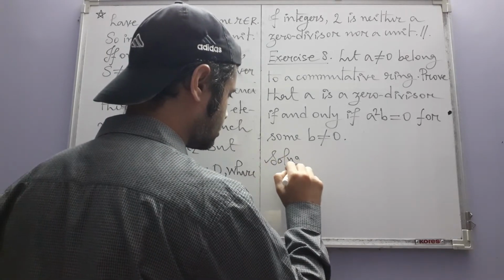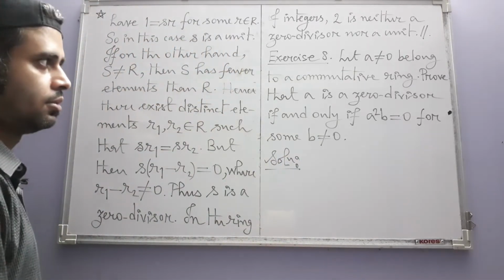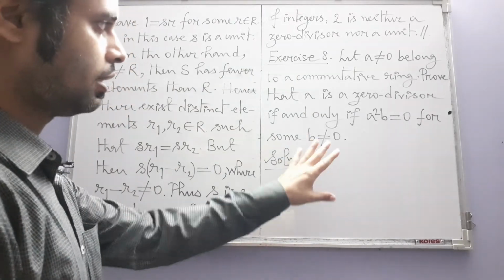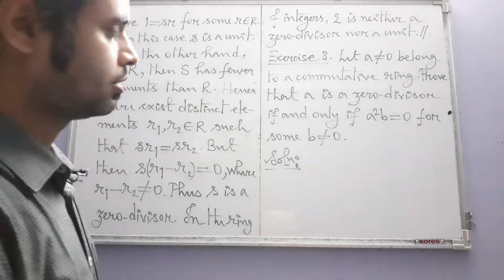So it's a double implication. If this happens, then A is a zero divisor, and conversely also.